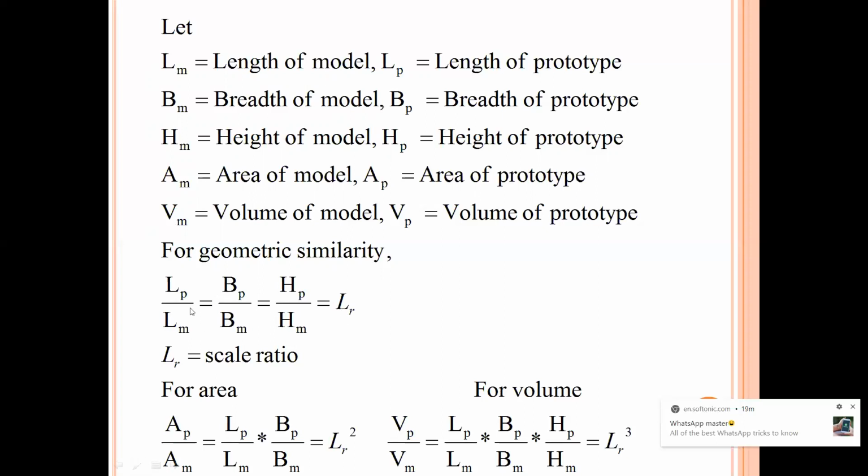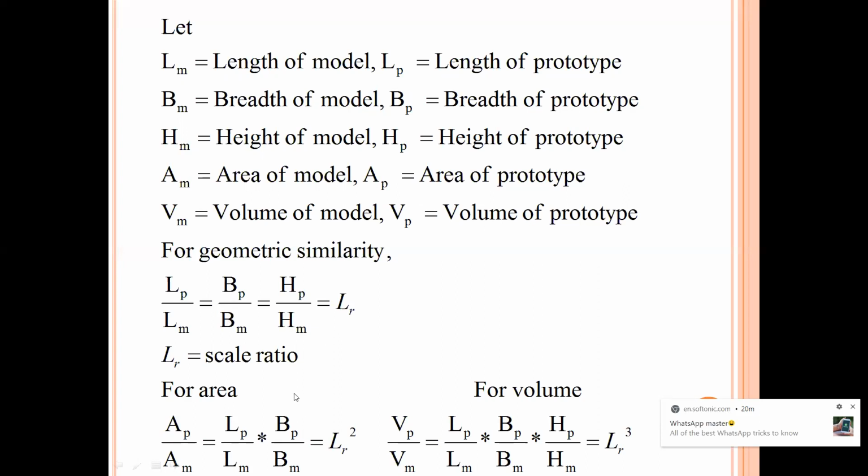So each dimension should have the same ratio. I can't have a different ratio for each; all should have the same ratio. Sometimes even diameter comes in. The diameter is also a dimension. This is the main relationship for geometric similarity.